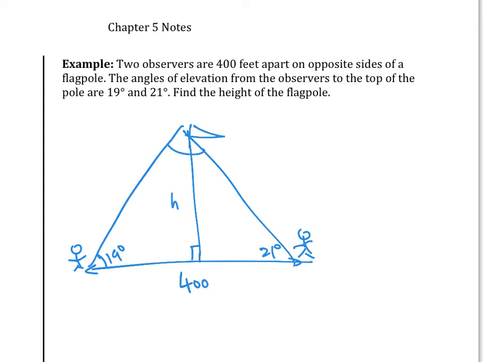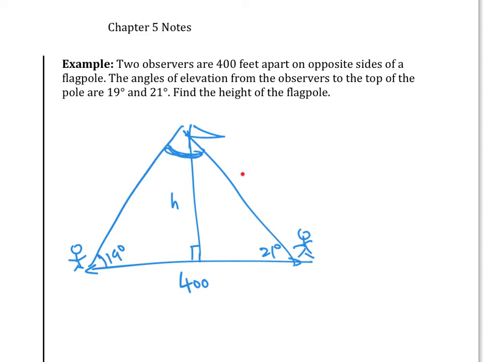Well, you probably want to figure out this angle first from the triangle sum theorem. And then once you have that, you can see that this triangle has this pair to utilize law of sines.